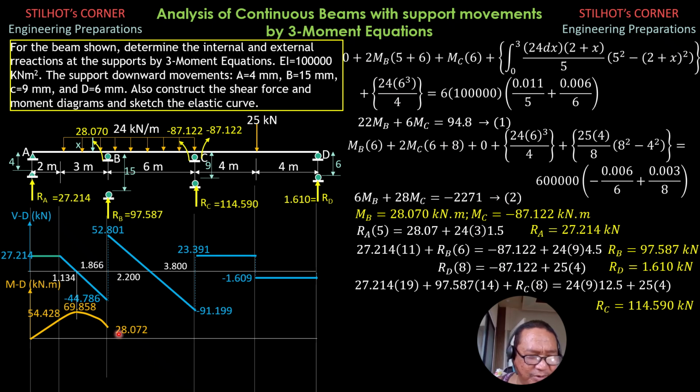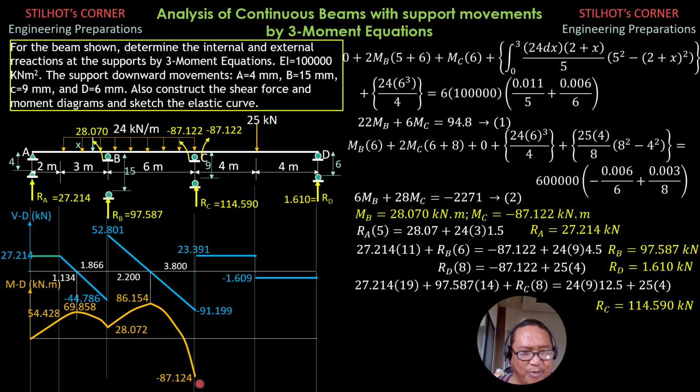Then 28.072 plus this area, 1/2 of 2.2 times 52.801 positive decreasing up to here, that would be equal to 86.154. 86.154 minus 1/2 of 3.8 times 91.199, that's negative increasing, so it's negative 87.124.